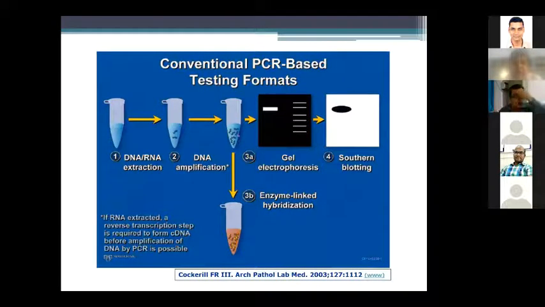For the testing, we go for gel electrophoresis, where we run the product in an agarose gel, and ultimately we go for Southern blotting for the DNA. Another method is enzyme linked hybridization. By these conventional PCR based testing methods, we basically identify the end result of the product.